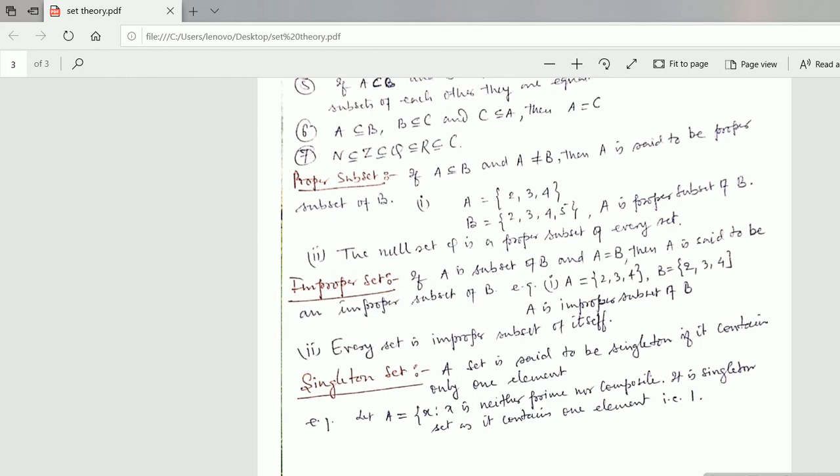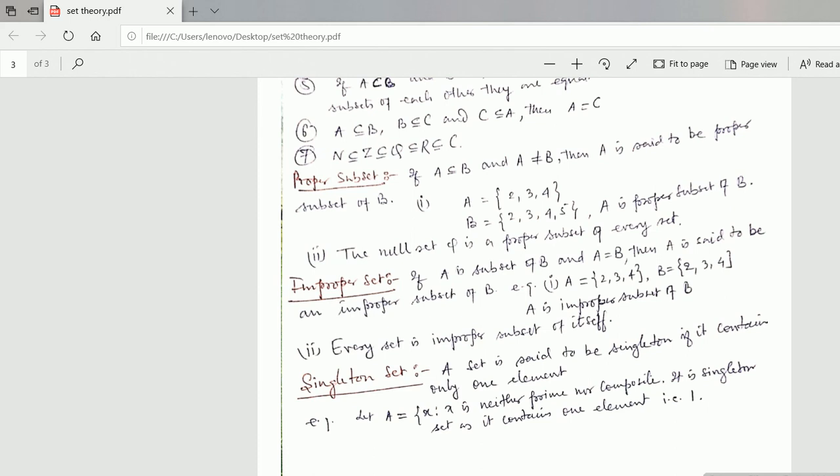Improper subset: if A is a subset of B and A equals B, then A is said to be an improper subset of B. For example, A equals {2, 3, 4}, B equals {2, 3, 4}. Then A is an improper subset of B. Second point, every set is an improper subset of itself.